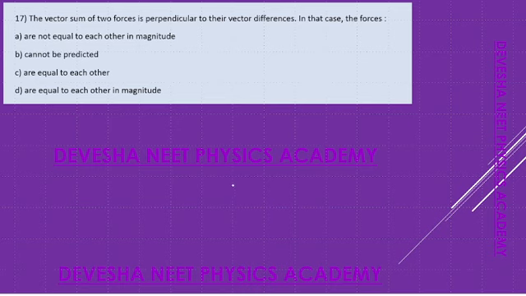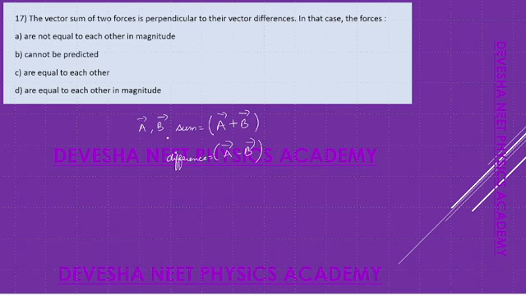The vector sum of two forces. So there are two forces, imagine A and B. We know force is a vector. The vector sum of two forces, A plus B, is perpendicular to the vector difference. The difference is A minus B. So this is the sum of the two vectors, and this is the difference of the two vectors.